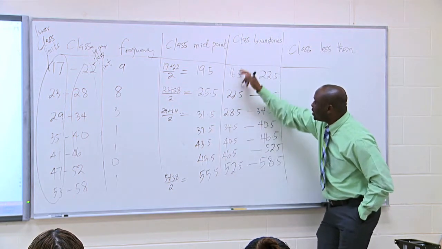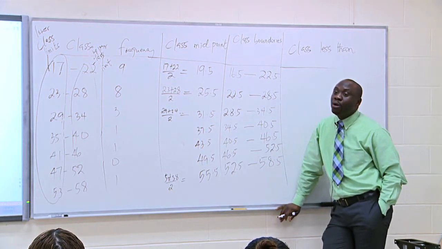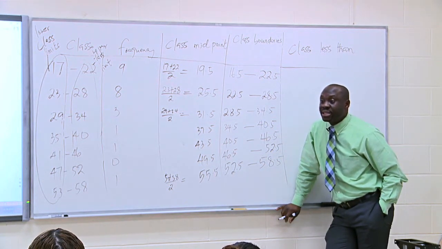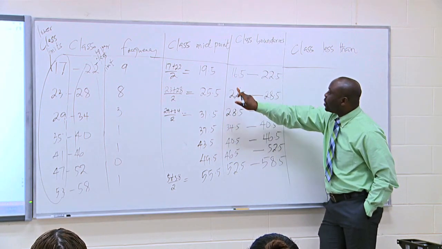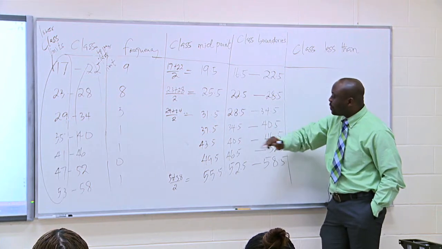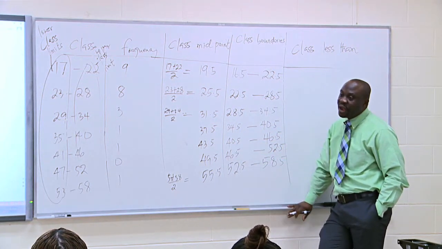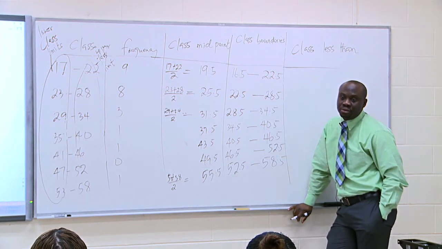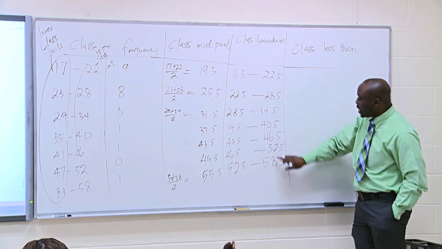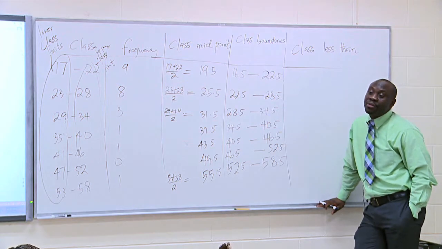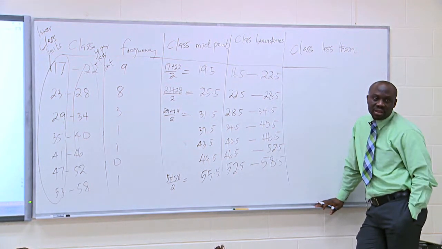All the start points here are called lower boundaries. These 16.5, 22.5, 28.5, down to 52.5 are called lower boundaries. And then these numbers here, 22.5, 28.5 down to 58.5 will be called the upper boundaries. Any questions?